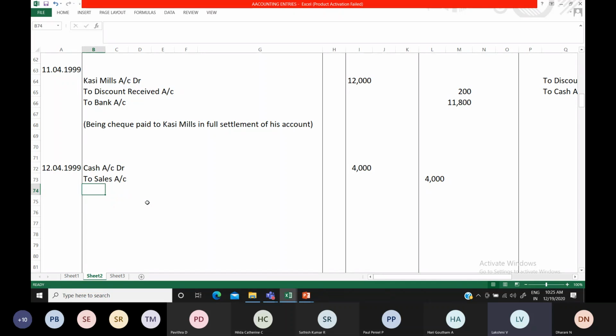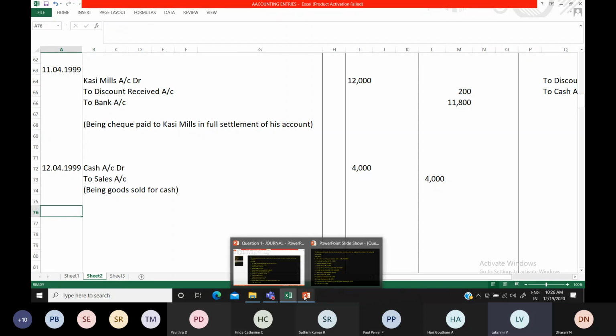So I have credited the sales account. In the cash sales entry, cash account debit to sales account credit, that amount has to be given in the debit and credit columns. And the narration will be being goods sold for cash or something like that you can give. Okay, and this will be our 12th day transaction.